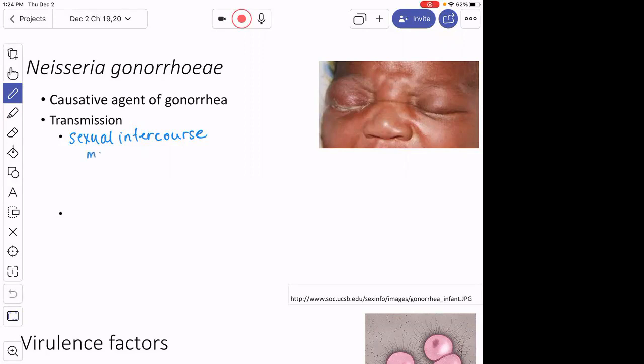So males are more, due to differing anatomy, different areas are targeted. Usually the urethra is targeted in males, and in females, it's the cervix.